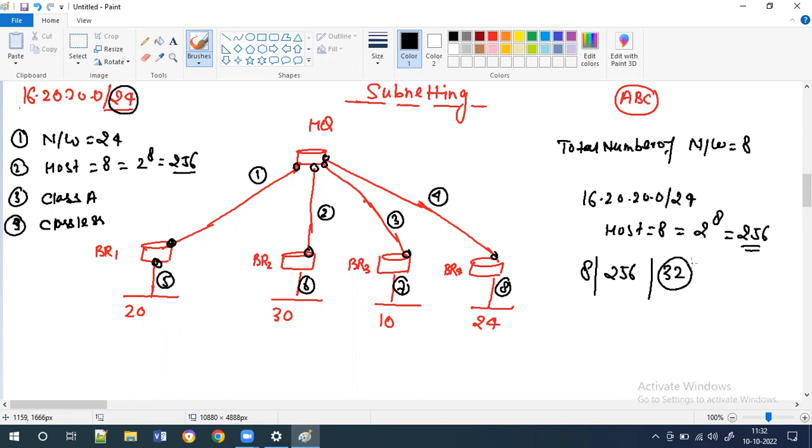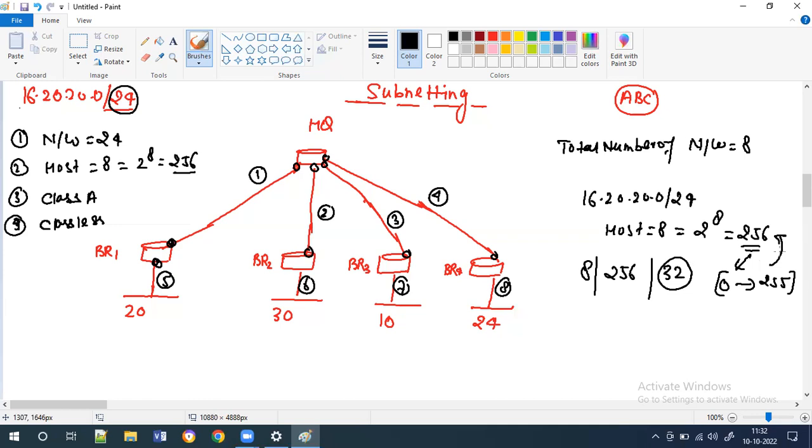The IP addresses start from 0 and go till 255. The range we are seeing here is basically 0 to 255. Total is 256, starting with 0 and going till 255. So the range will start from 0 and the difference will be 32. Right?